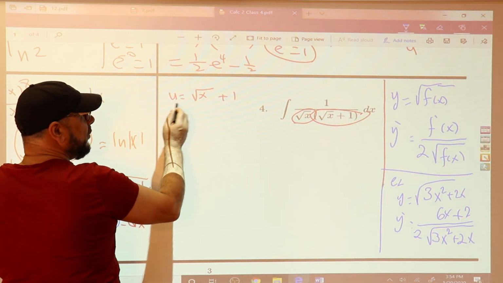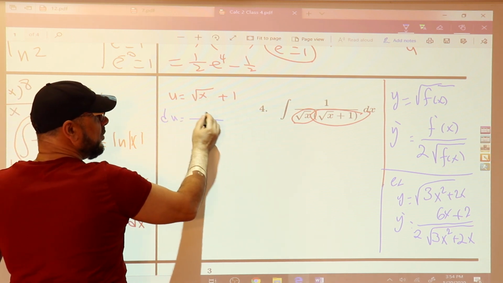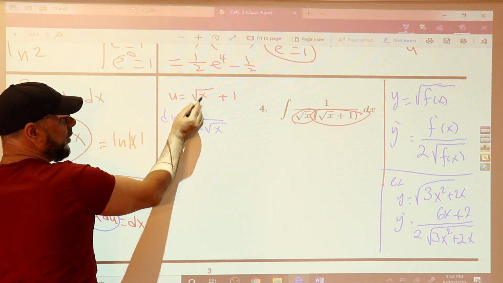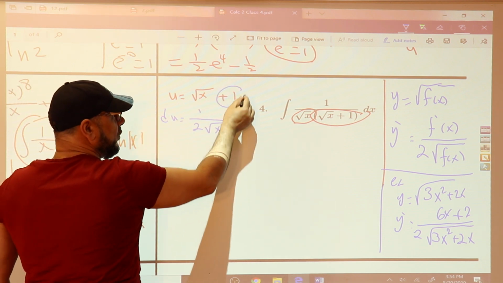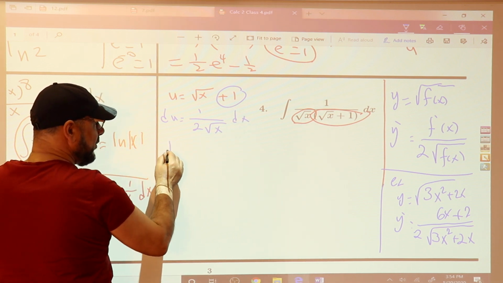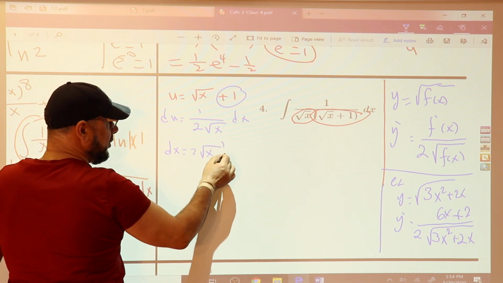Then here we have u and du. I just explained for you this 1 over 2. Why 1? Because the derivative of x is 1 and the derivative of 1 is 0. And this is dx. Solving for dx, 2 square root of x du.